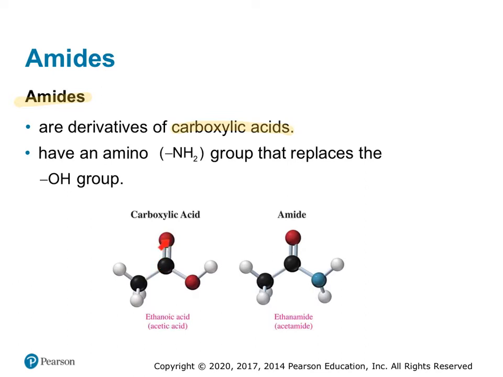Here's our carbon, here's our carboxyl group, and here's our hydroxy group, making that carboxylic acid functionality. In an amide, the OH group is replaced by an NH2 group. So we change the OH to an NH2 group.